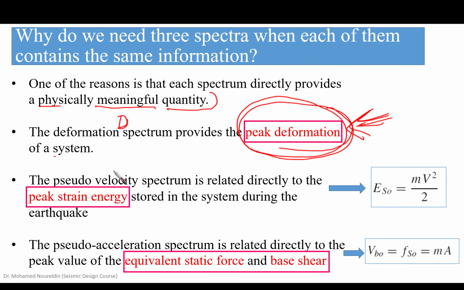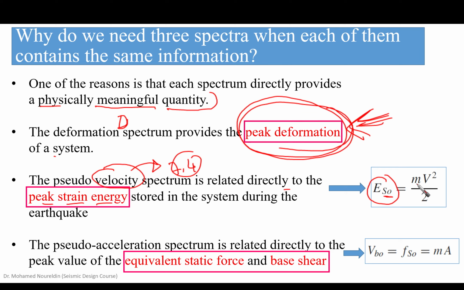And the pseudo velocity, whenever we talk about the velocity spectrum, is related directly to the peak strain energy stored in the system during the earthquake. So whenever I say that the velocity is like 7 point something, this means that the strain energy, E_S0, the strain energy stored in the system, equals, do you remember this?